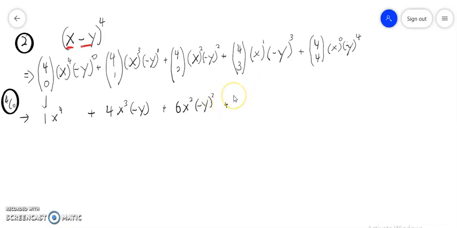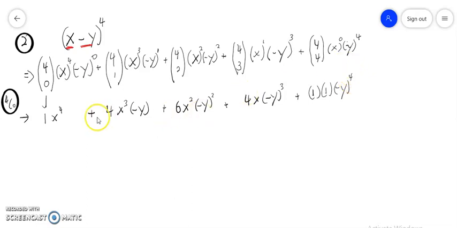Then for C3, you'll be getting here 4 x and negative y to the power of 3. Alright, the last one here for C4, you'll be getting 1, and negative y to the power of 4.